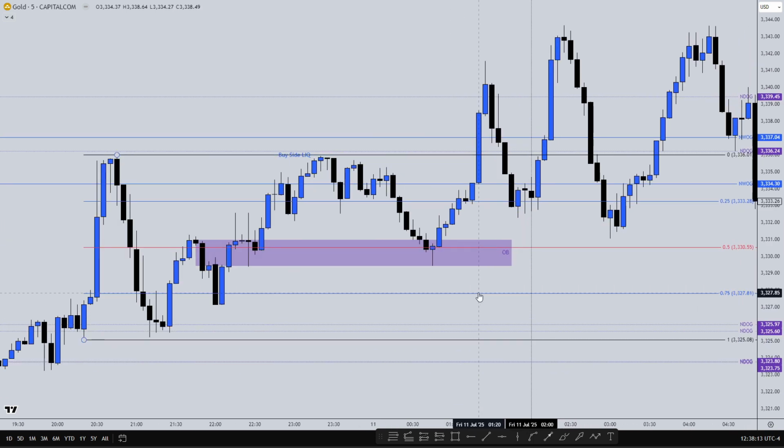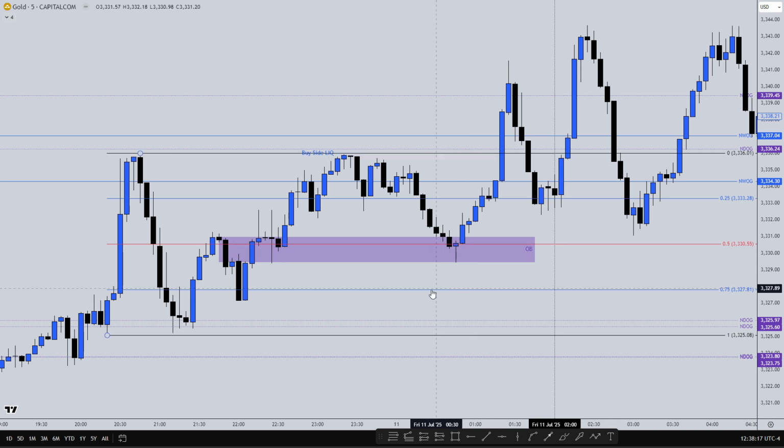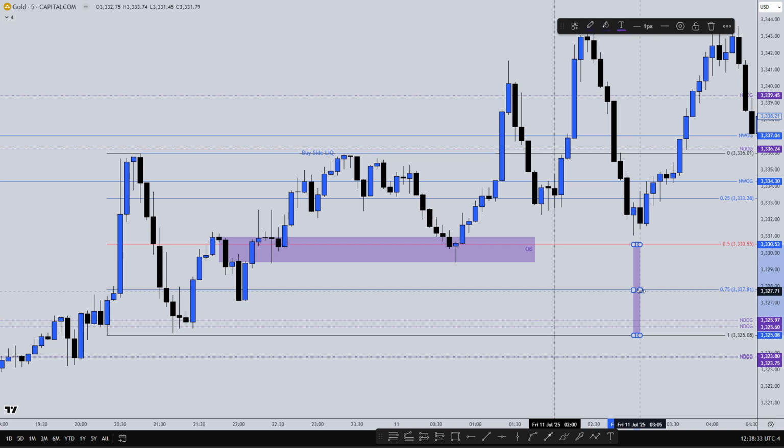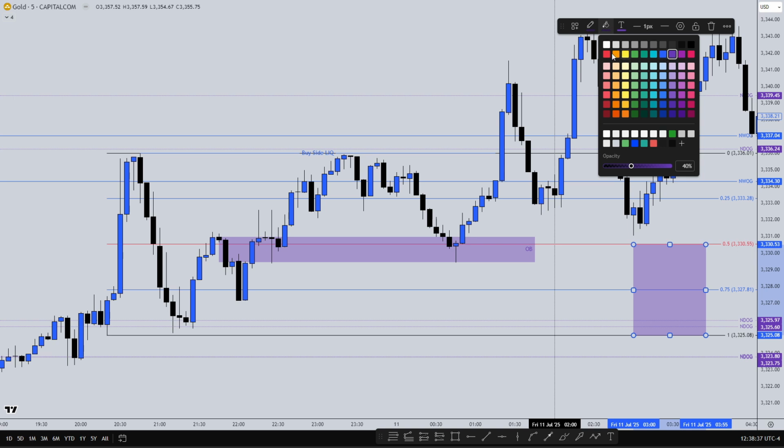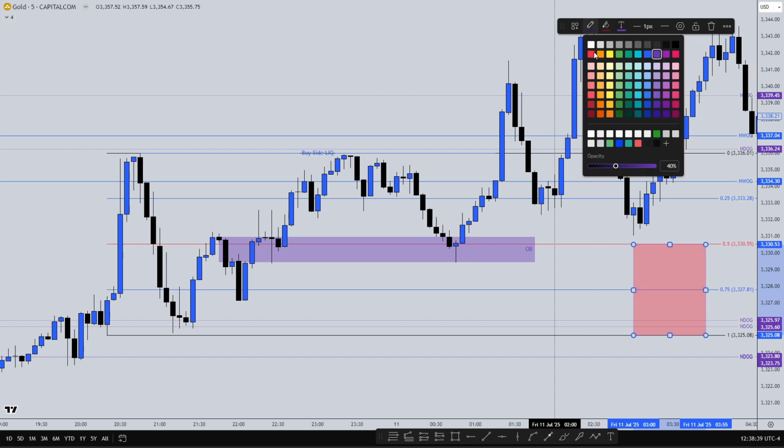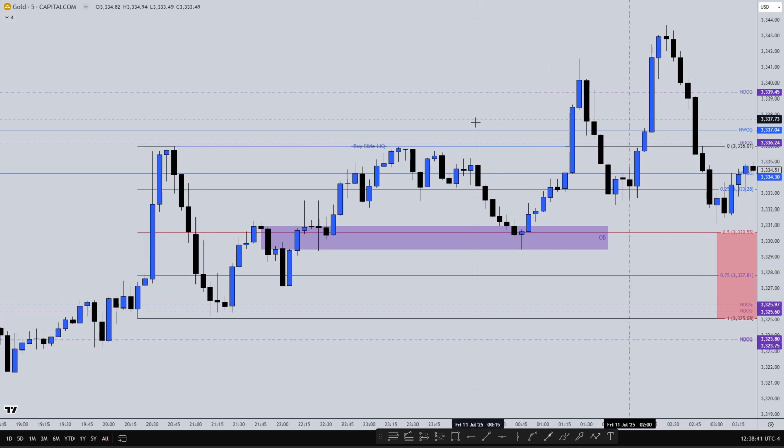So remember, this is the order block on the 15-minute time frame. So I took this move from here to here to see where the discount area is, which is here. So I have to look for entries in these areas, which is the discount. All right.